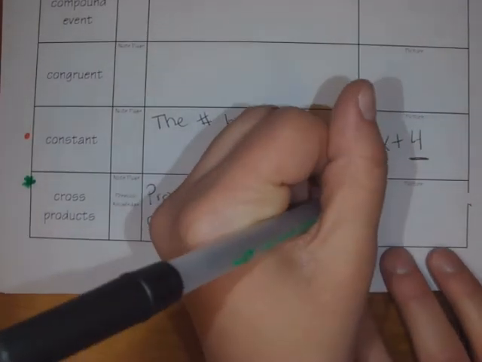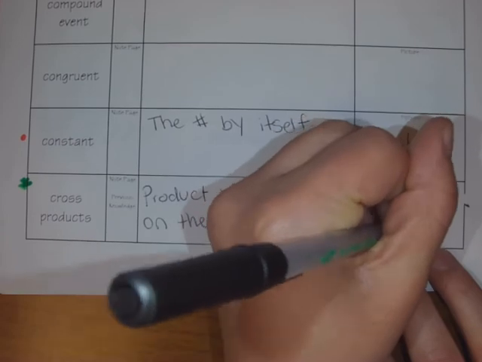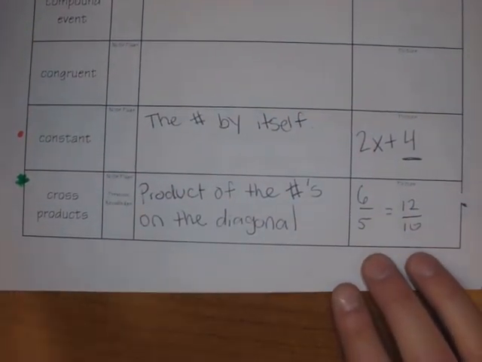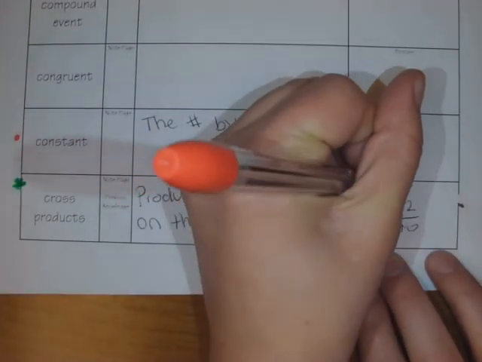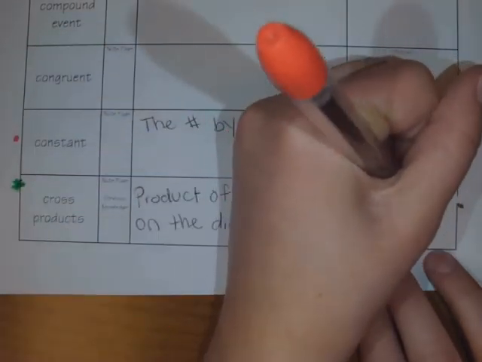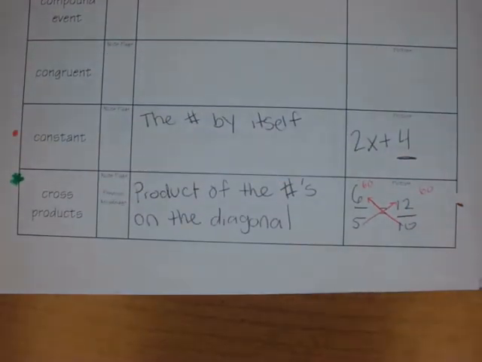And so what that means is if you have 6 over 5 equal to 12 over 10, the cross product would tell you that 6 times 10 is 60, and 5 times 12 is 60. Those are cross products. Like I said, you'll probably need to pause it to get it written down because I'm going to keep going.